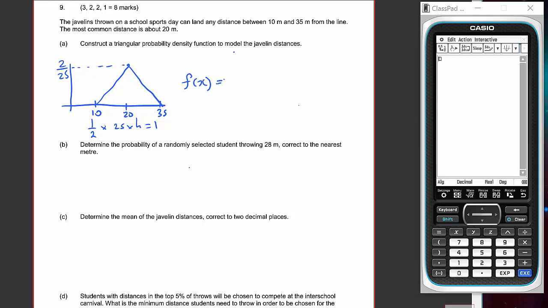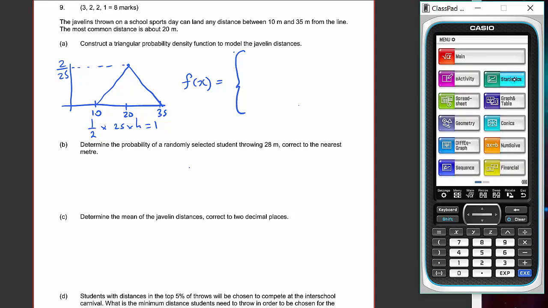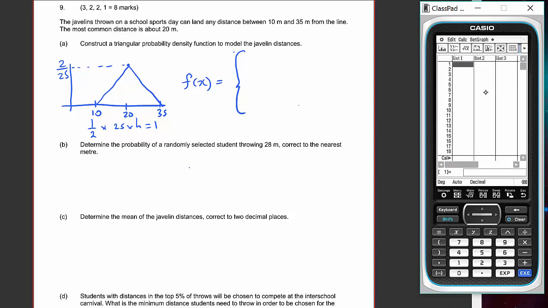So we need to work out the equation of each of these lines, but that shouldn't be a problem because we can use the calculator to help us with that. So I'd go to statistics, and then I can see the first line goes through 10, 0, and we know it also has to go through 20 and 2 25ths.